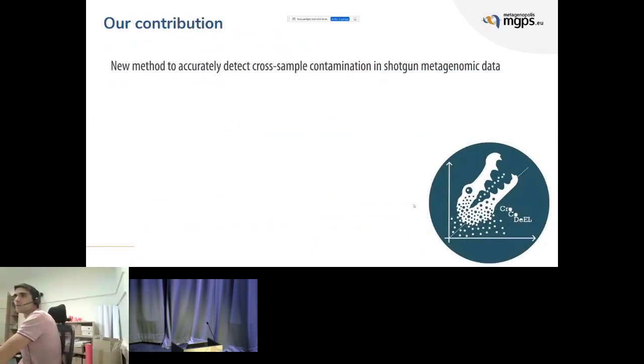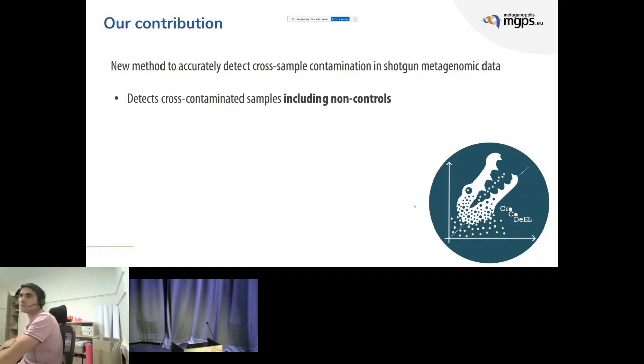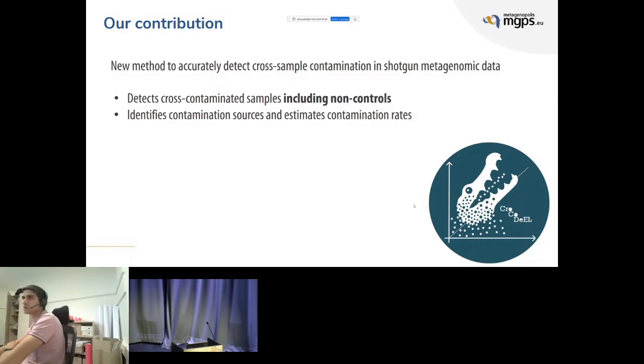So this is why we developed CroCoDeEL, a new method to accurately detect cross-sample contamination in shotgun metagenomic data. It can detect cross-contaminated samples, including non-controlled samples. It does not need negative controls, and identifies clearly for all contaminated samples their respective contamination sources and provides an estimation of contamination rates.